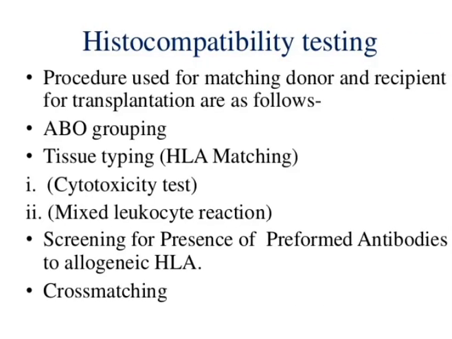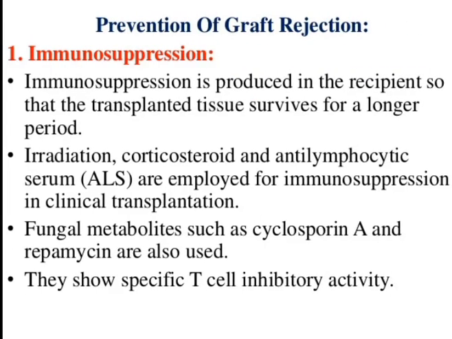Histocompatibility testing. Procedures used for matching the donor and the recipient for transplantation are as follows: ABO grouping, tissue typing, cytotoxicity test, mixed leukocyte reaction, screening for the presence of preformed antibodies to the allogenic HLA, and cross-matching.